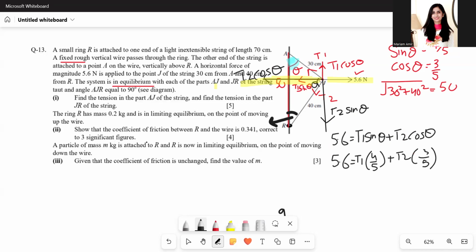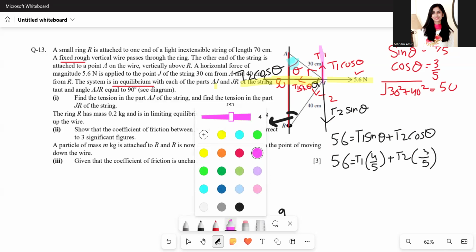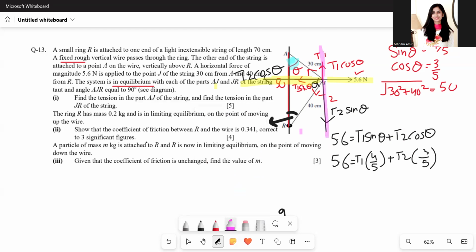Now I'm going to equate the up force with the down force. So we have T1 cos theta upwards equal to T2 sine theta downwards. There's no weight on J, so there's no third component in the vertical plane. This gives T1 times 3 by 5 equals T2 times 4 by 5.